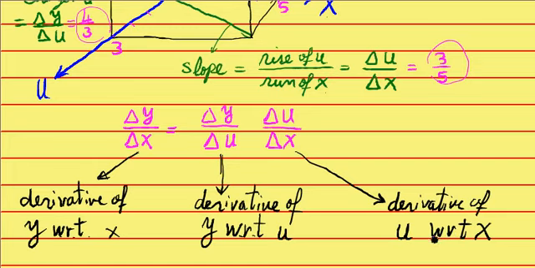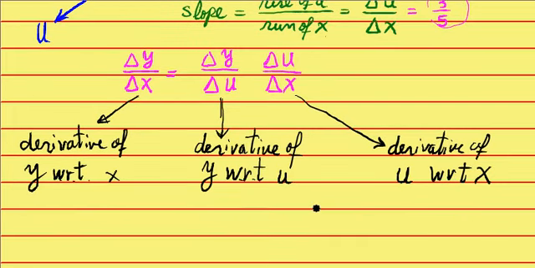So we have 3 layers of items or commodities. X is influencing u, which is in turn influencing y. And you want to get rid of the middleman and connect x to y. And you want to find out rate of change of y with respect to x.